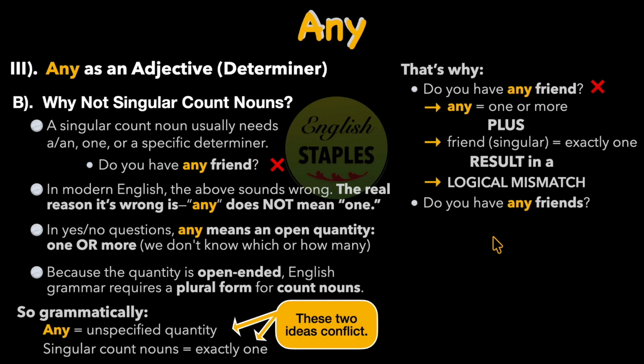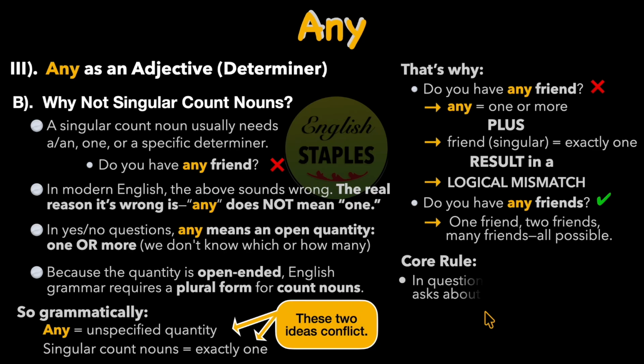We have to say, do you have any friends? One friend, two friends, many friends, all are possible with this question. Do you have any friends?